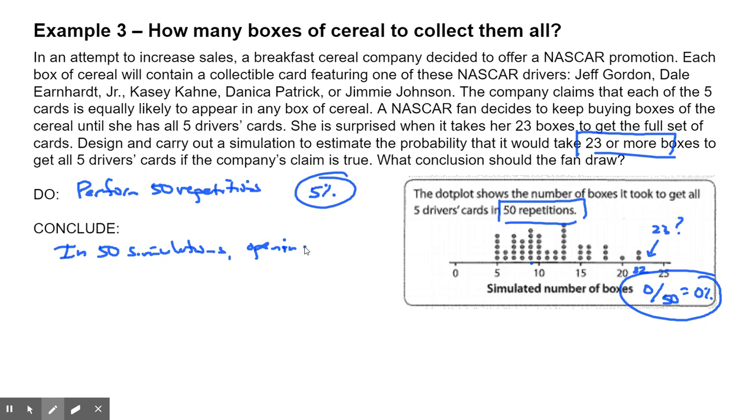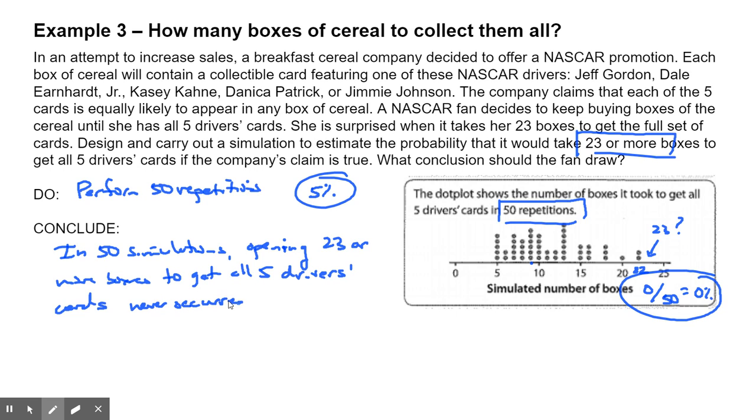First, in 50 simulations, opening 23 or more boxes to get all 5 drivers' cards never occurred. You can word this however you want to. Zero out of 50, which is 0%.